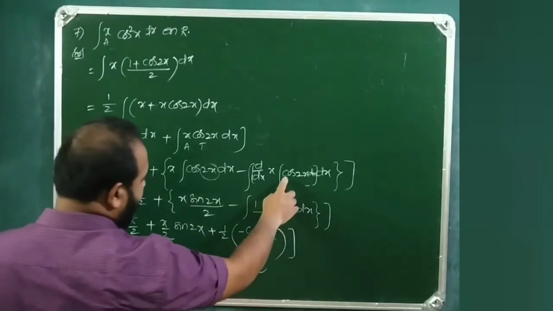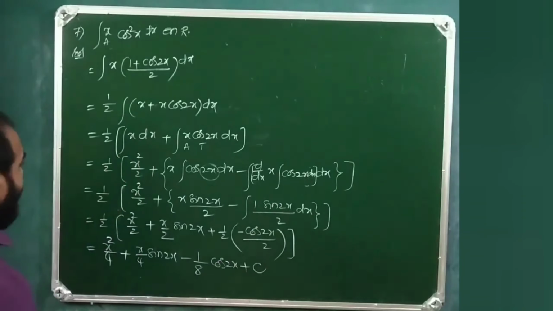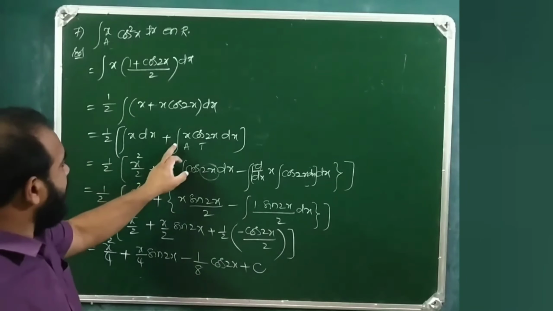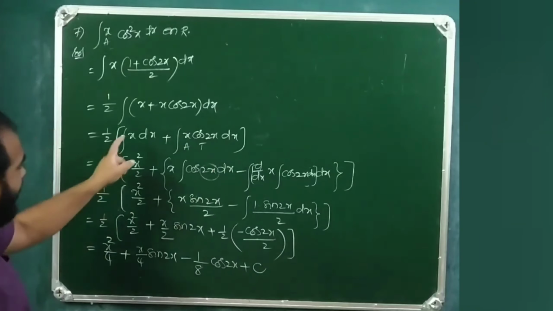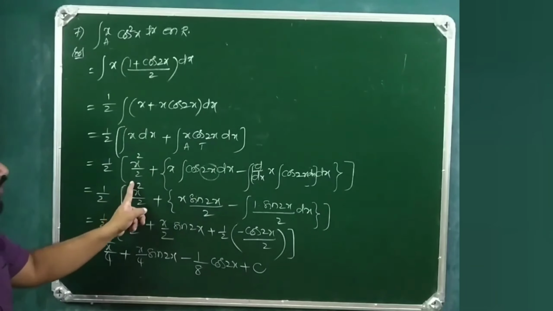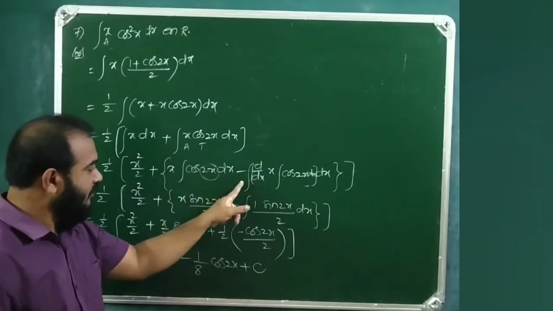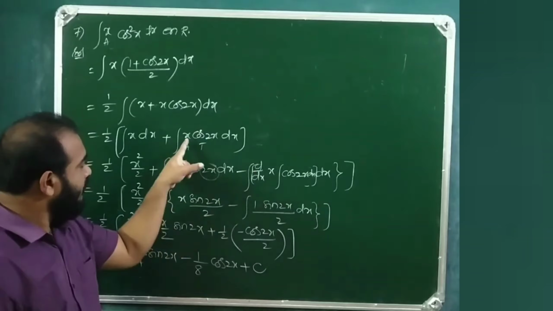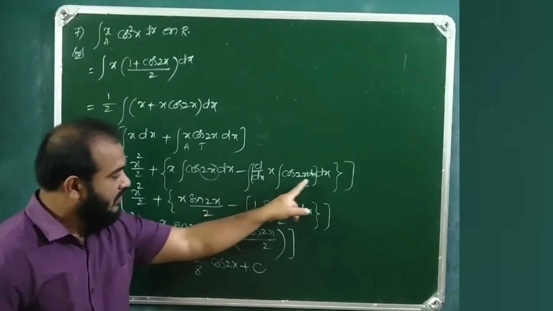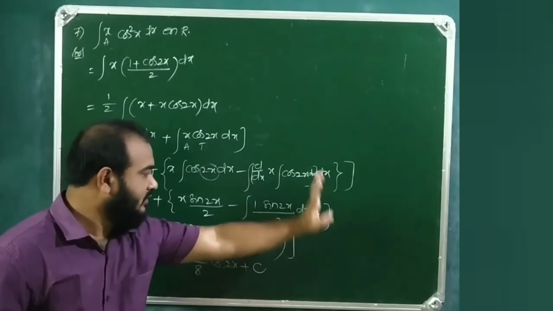So integral cos 2x is sin 2x by 2. So integral x dx is plus x cos 2x dx. Integral x dx is x square by 2 plus first function into integral of second function dx minus integral of d by dx of first function into integral of second function dx whole dx, this.